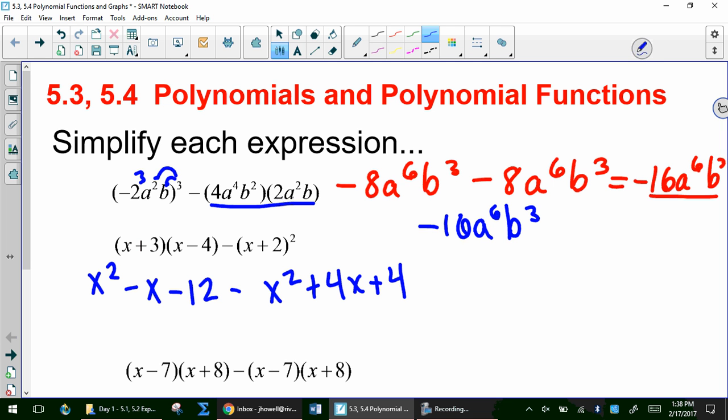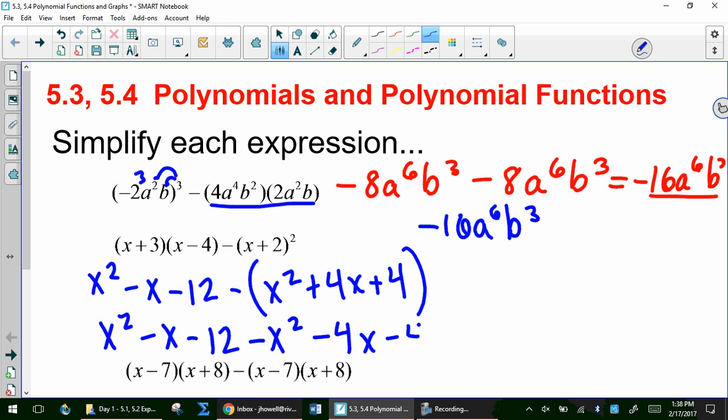Okay, so when we subtract this, what do we have to keep in mind? The negative. Distributing the negative. So even though you're expanding and multiplying it out, you're still going to have some grouping symbols around that second polynomial. Now when we go through, you have x squared minus x minus 12, and then minus x squared minus 4x minus 4, so negative 5x.